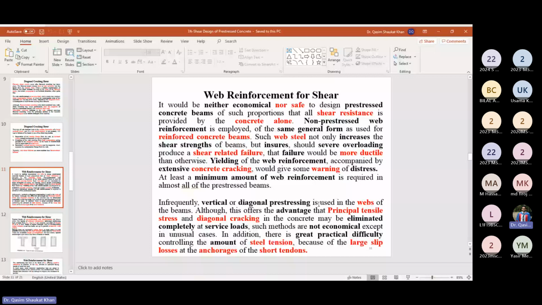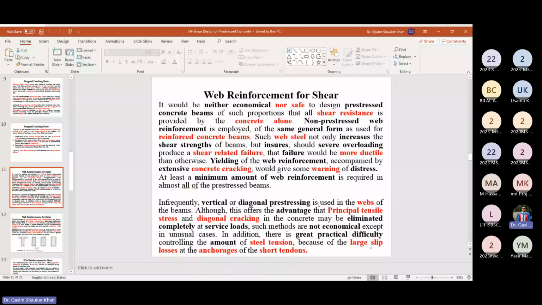And secondly, practically they are not very viable options. In general, the pre-stressing which we have is longitudinal, along the length of the beam.